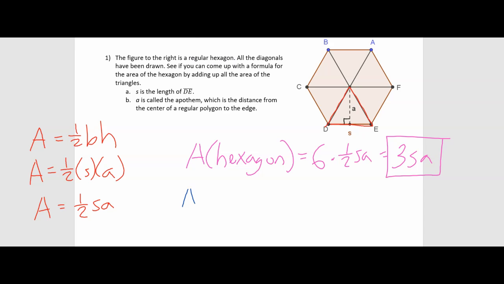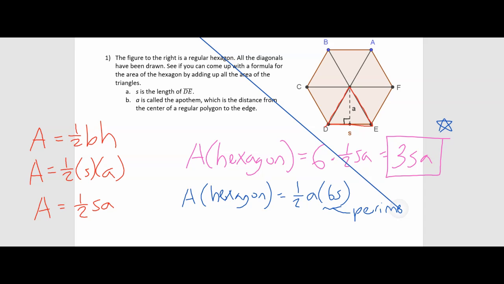So this is one formula for the area of a hexagon, but I could actually switch this around and do 1/2 times a times 6 times s. All I've done is switch around the factors that I'm multiplying together. Well, this 6s is the perimeter of the hexagon, right? 6 times the length of one side would give you the perimeter of the hexagon. So that's one other way that you could write the area of a hexagon.